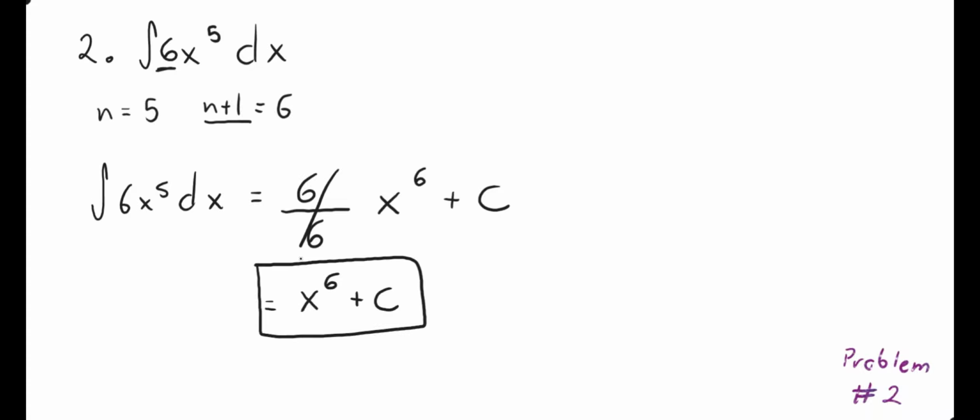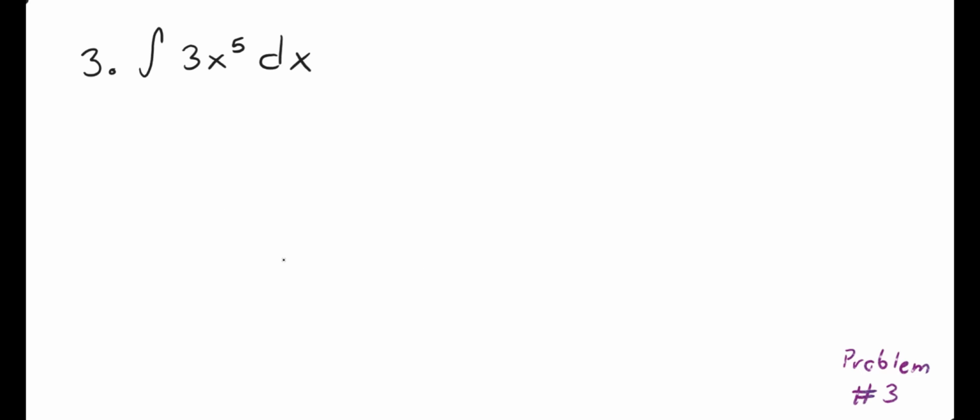We are definitely still sticking with our one term. So the next problem is going to be again a similar thing. Number 3, we got to do the integral of 3x to the power of 5 dx. As we know, we got a wonderful 3 right here. We're going to leave that alone. Then we got n equaling 5. So we gotta plus 1 it when we do the integral, which is going to be 6.